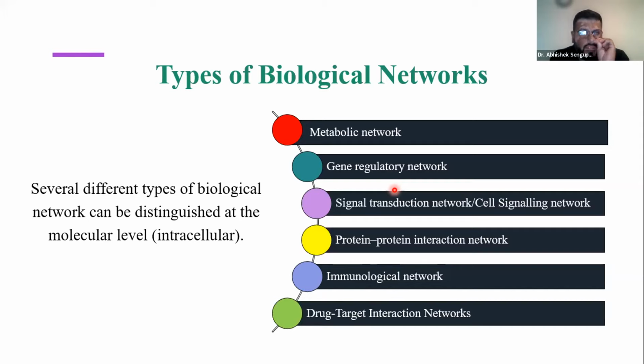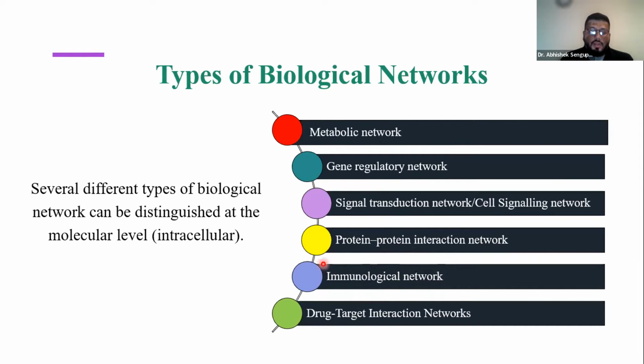For better understanding, you should always start with the intracellular networks, which are easier to start with. For example, metabolic networks, gene regulatory networks, signal transduction or cell signaling networks, protein interaction networks, etc. These are the intracellular networks.